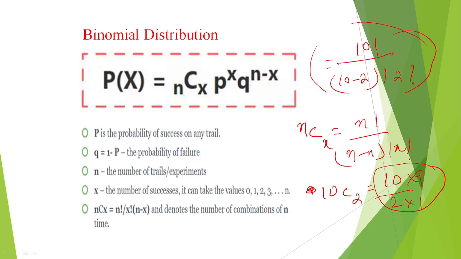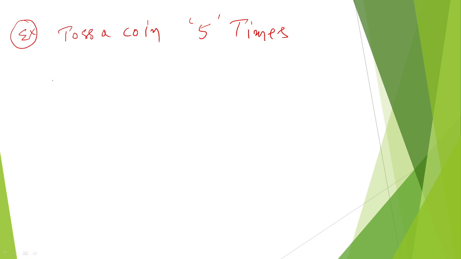Then we can go for one small example. If you toss a coin 5 times, then what is the probability to get exactly 2 heads?